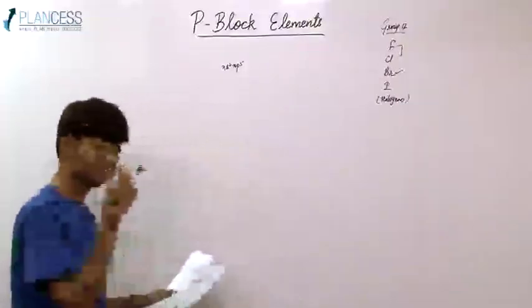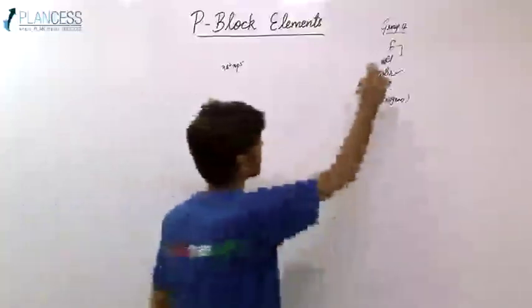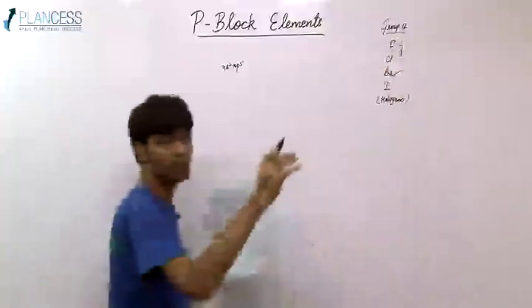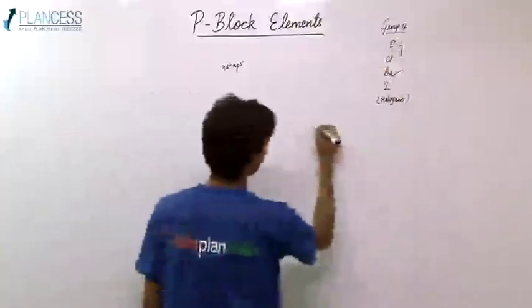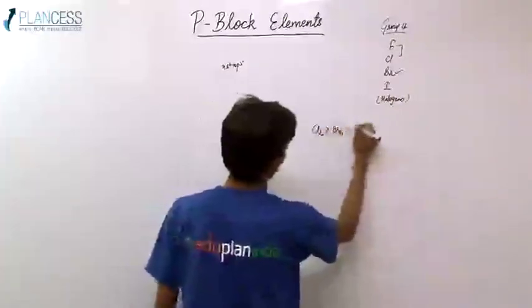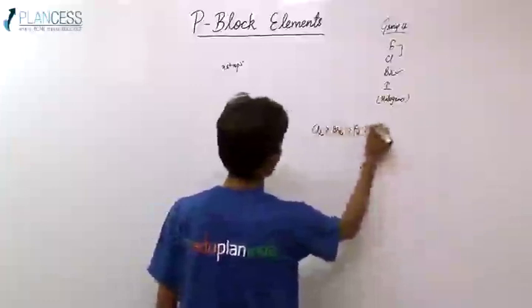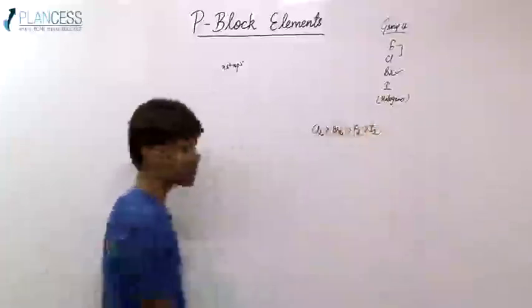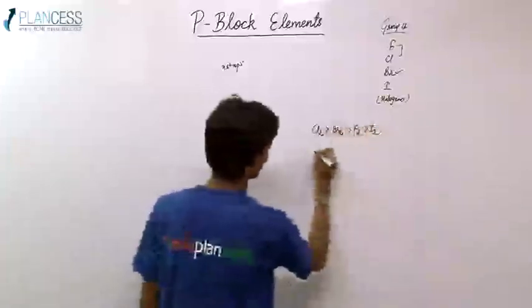As far as bond strength is concerned, the bond strength of F2 is very less because of the repulsion of the electrons. Therefore, the bond strength order is Cl2 is greater than Br2 is greater than F2 is greater than I2. This is the bond strength order.